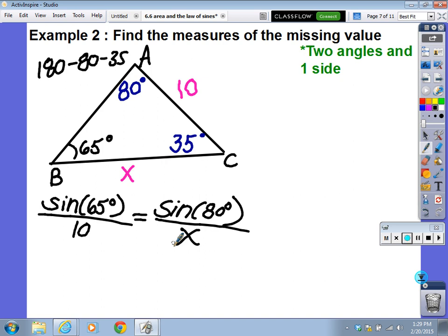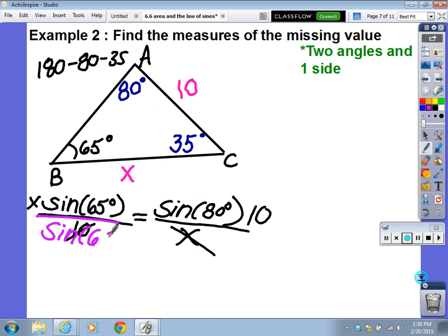Okay, solving for x piece by piece, so we'll multiply both sides by x. We're cross multiplying, multiply both sides by 10, so that divides out over here. Now I'm hoping you guys are at that point where I can just kind of skip. So now on this side, what am I going to do to get x alone?